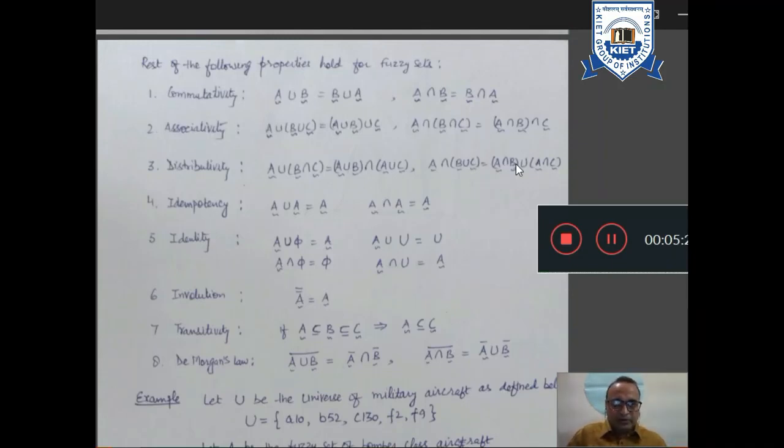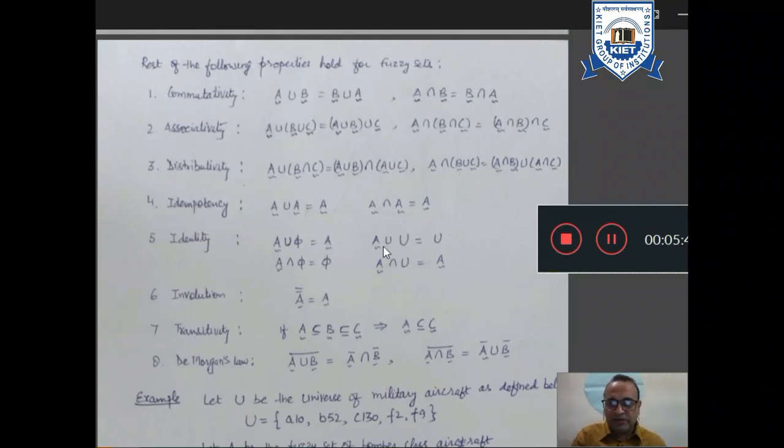Now comes the idempotency property of the fuzzy set. It says that A union A must be equal to A, and A intersection A must be equal to A. Here we are talking about fuzzy sets. The identity property says that if we make the union of the null set with any fuzzy set, the resultant will be the same fuzzy set.